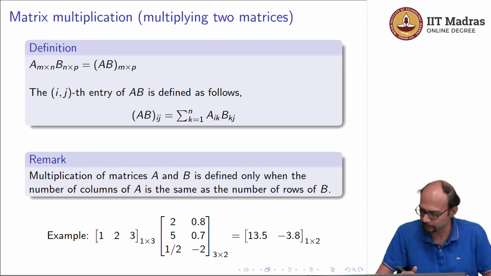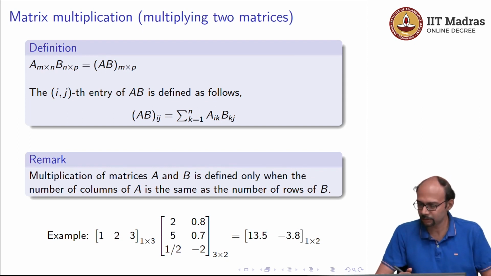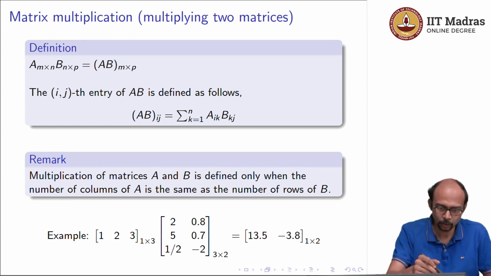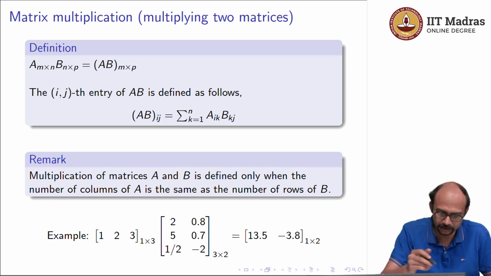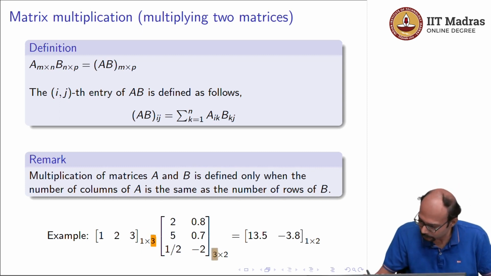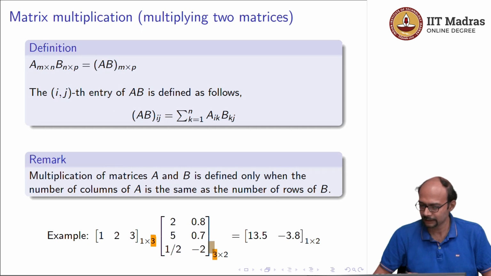Okay, so here's another example. So 1, 2, 3 times the matrix 2, 0.8, 5, 0.7, half, minus 2 is 13.5, minus 3.8. So one row and two columns. Where did I get one row and two columns from? First of all, is it defined? Can I multiply these at all? Yes, because the number of columns of the first one is the same as the number of rows of the second one.